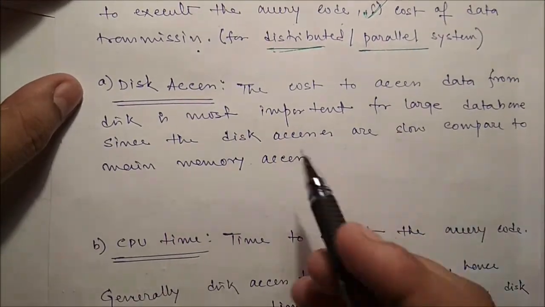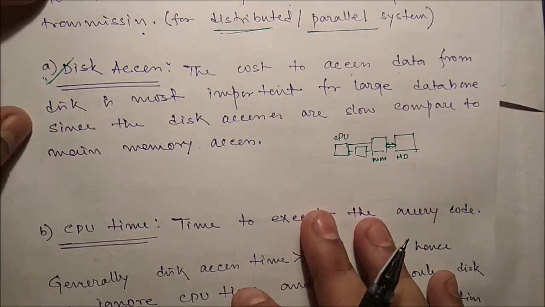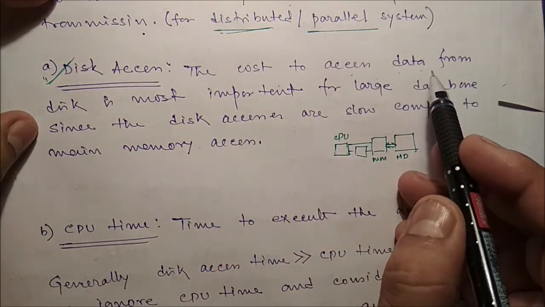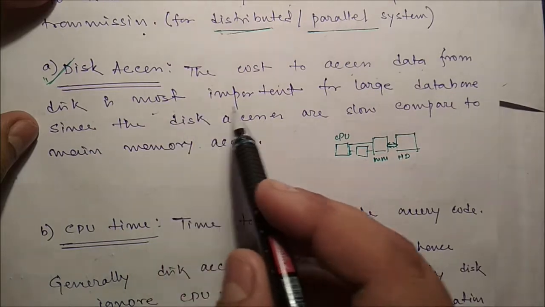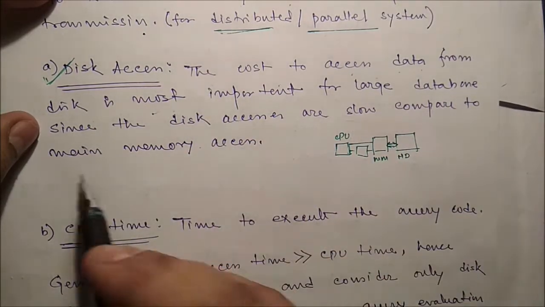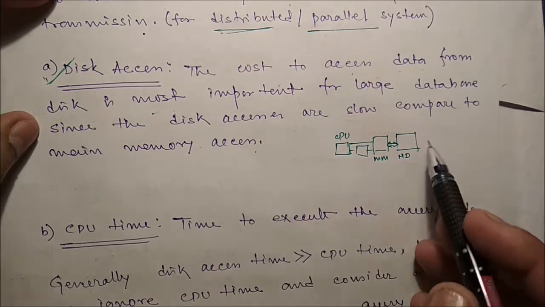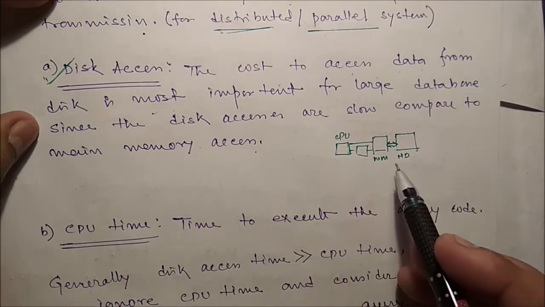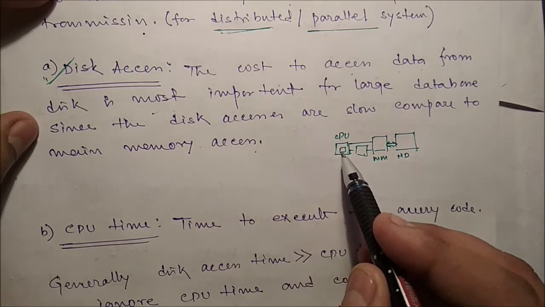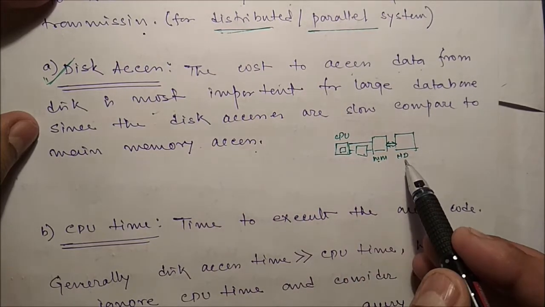So first of all, what is disk access? The cost of accessing data from disk is the most important for a large database, since disk accesses are slow compared to main memory access. Already you know the memory organization: CPU, cache memory, and one more cache memory somewhere inside the CPU, main memory, and hard disk.